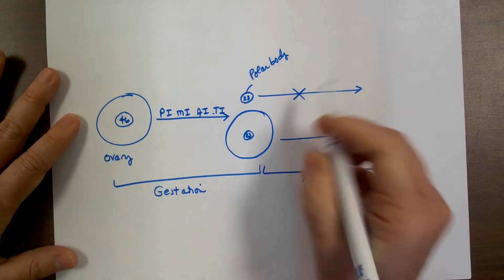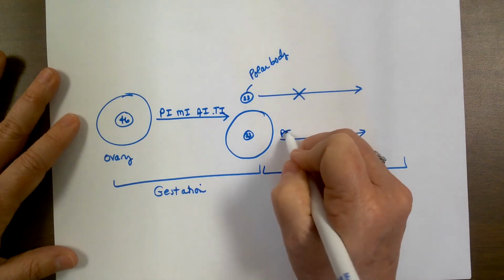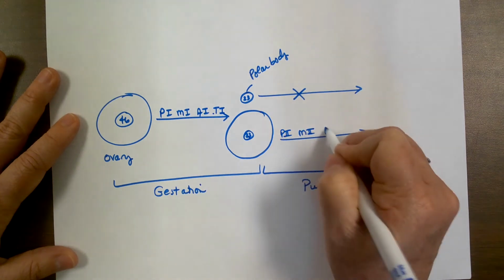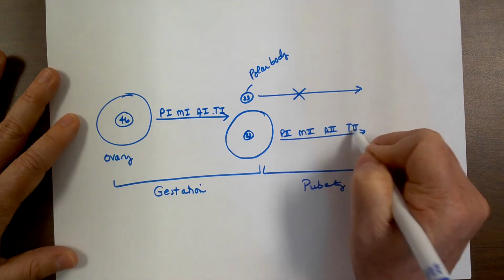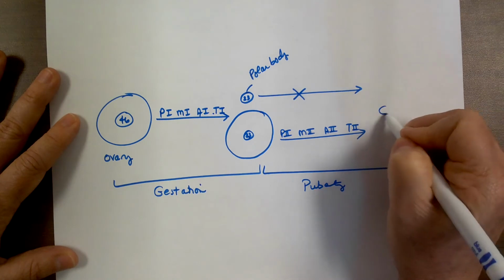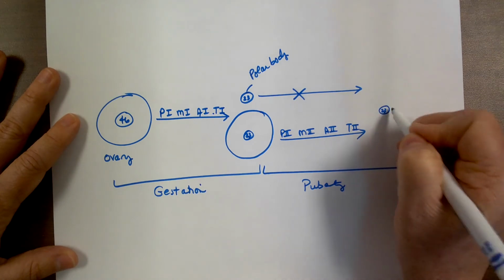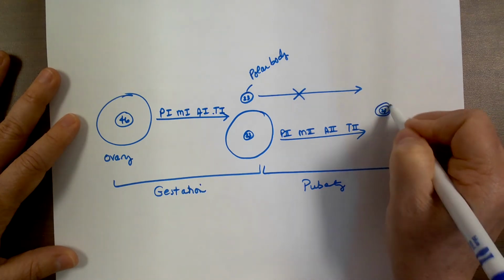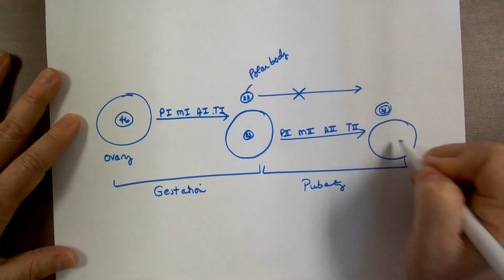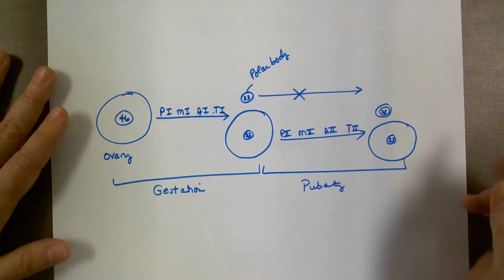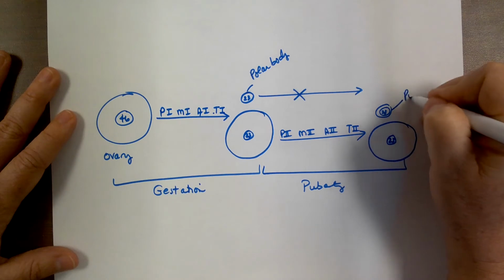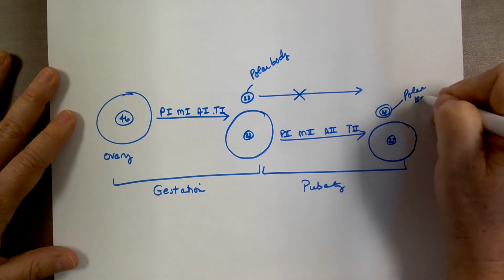Puberty is going to give you that second round of meiosis, so P2, M2, A2, T2. Once again, you'll get a small one with 23, and then you'll get a big one with 23. This is also called a polar body.